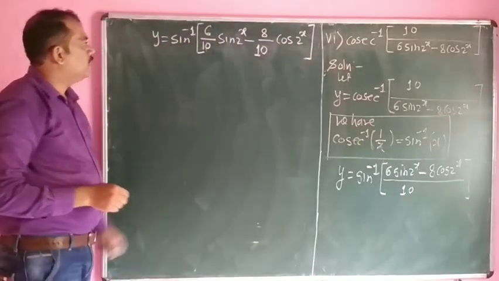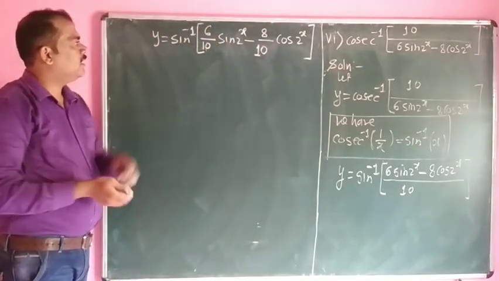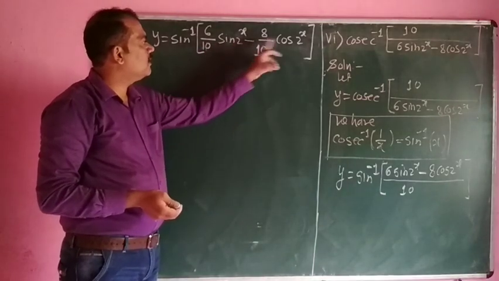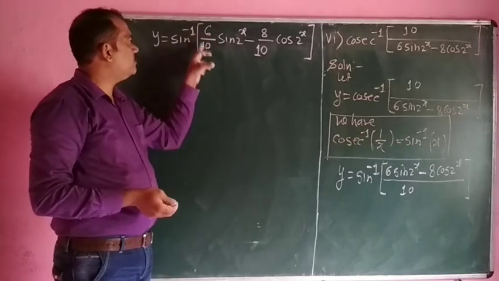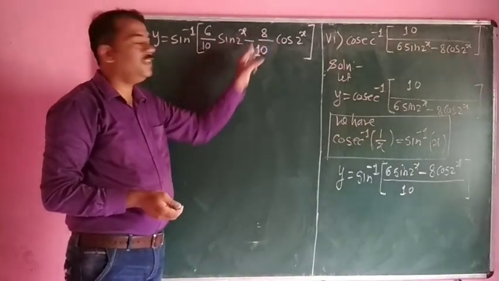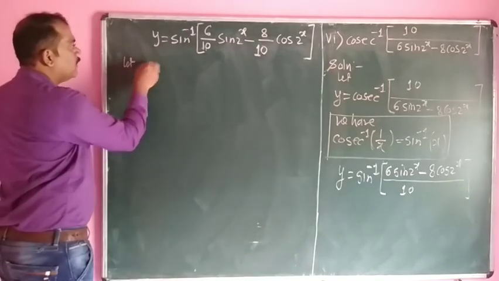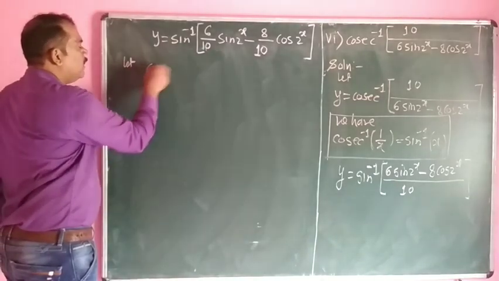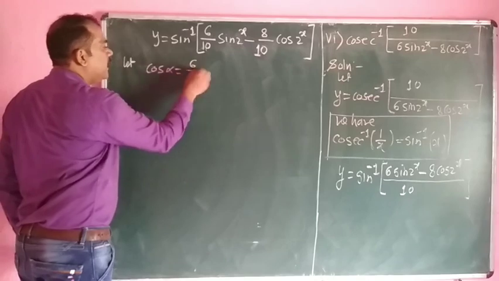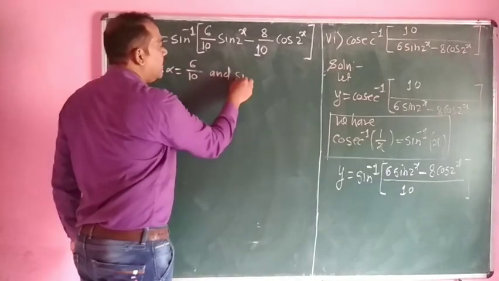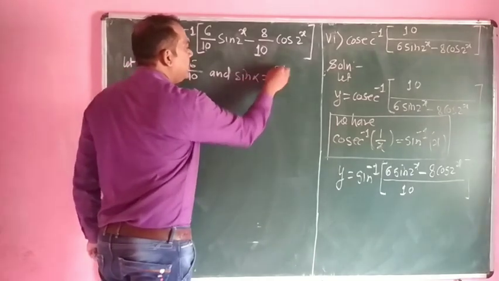Now sine inverse is there, which means we require sine into cos minus cos into sine. So we assume this value is cos alpha and this value is sine alpha. So let cos alpha is equal to 6 divided by 10 and sine alpha is equal to 8 divided by 10.